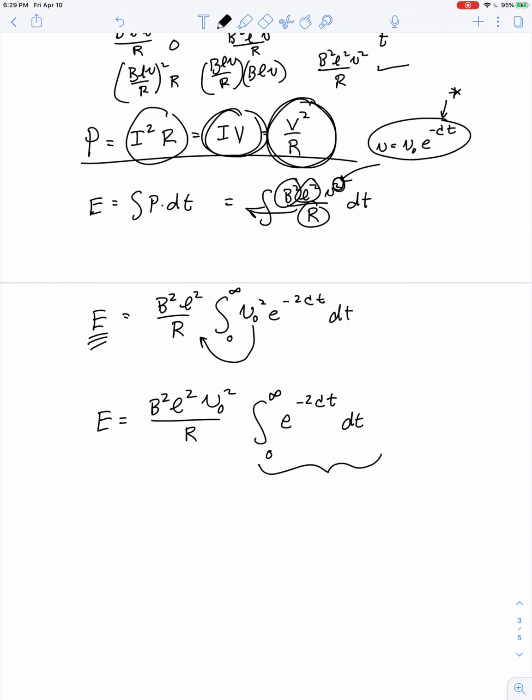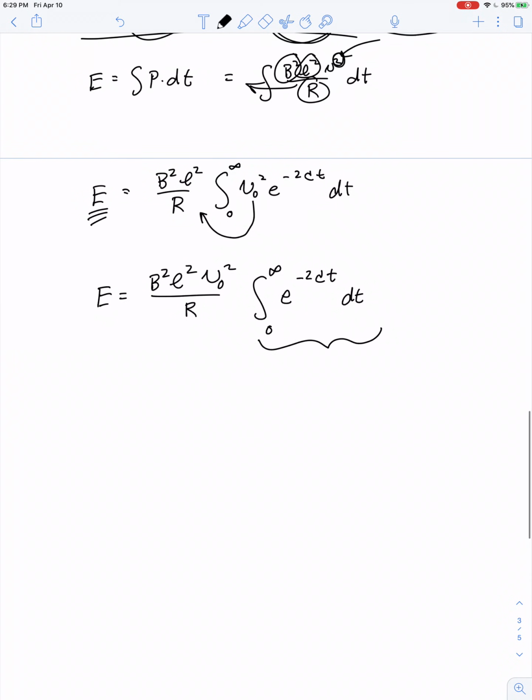Now what's the integral of e to some constant times time? I think the solution is 1 over negative 2c times e to the negative 2ct, and then our limits of integration are from 0 to infinity.